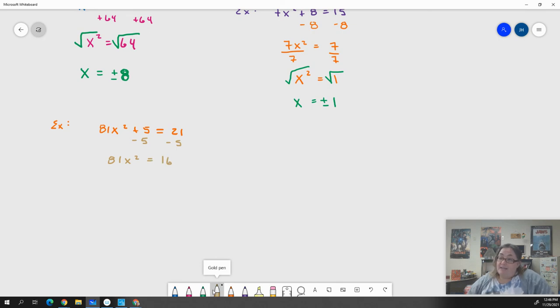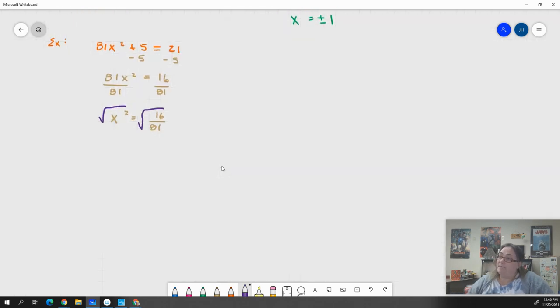And then we've got this 81 being multiplied to it. So I'm just going to divide both sides by 81, so that I have x squared equals 16 over 81. And we're going to take the square root of both sides. And when we do that, I'll show you how to break that down.